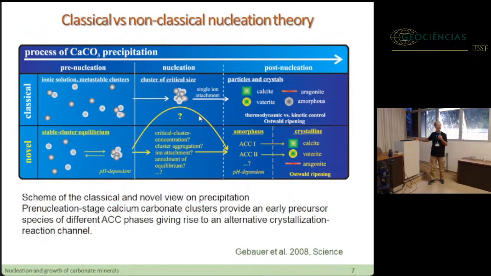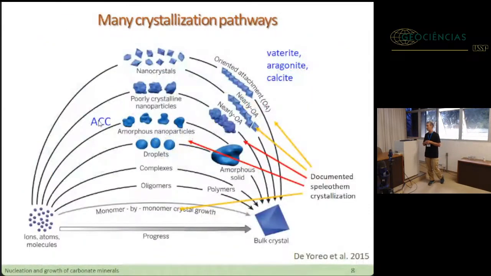These precursor phases, in some exceptional circumstances, can be preserved in our speleothem samples, but we have to look for them very carefully in order to detect them. So there are lots of different crystallization pathways, and we will discuss the monomer-by-monomer classical nucleation theory and the non-classical nucleation theory that groups all these other pathways, passing through the unstable phases down to the final calcite crystal.